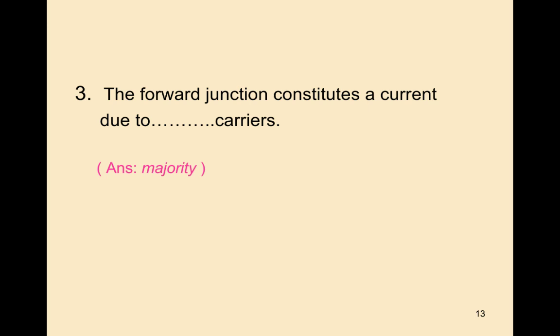At this forward junction, the current is mainly due to the majority carriers present in that diode. Majority carriers on the p side are holes, and on the n side are electrons. So the current exists only due to the majority charge carriers.